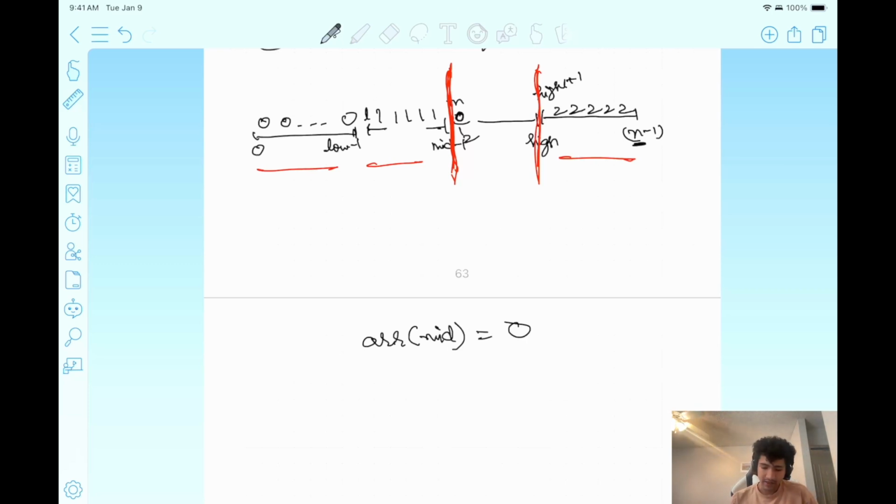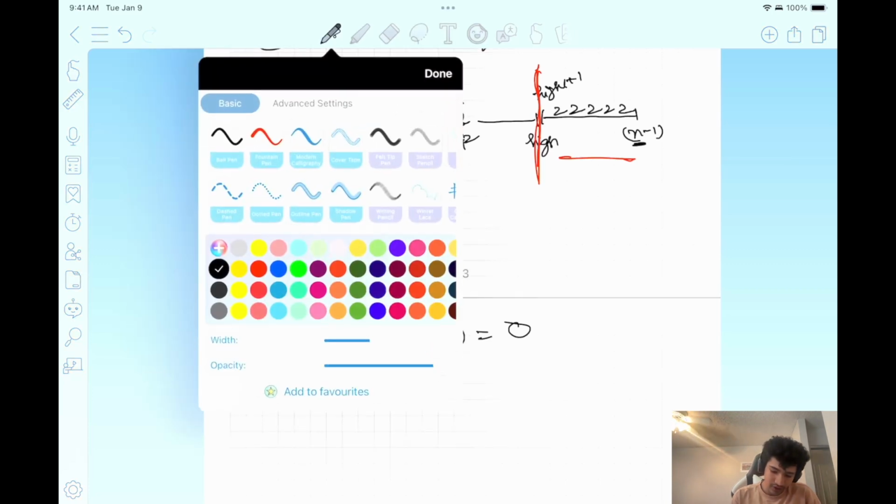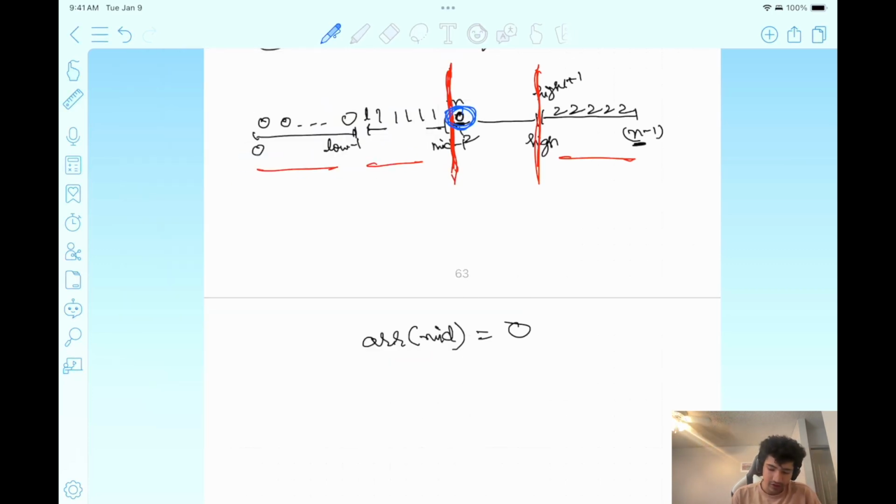In that case, where would you want to put this particular 0? Somewhere over here, not over here, right? What would be the most ideal place to put 0? You can put it somewhere over here, but the most ideal place would be to put it just after these zeros, right? And this place is nothing but your low till mid minus 1 range.